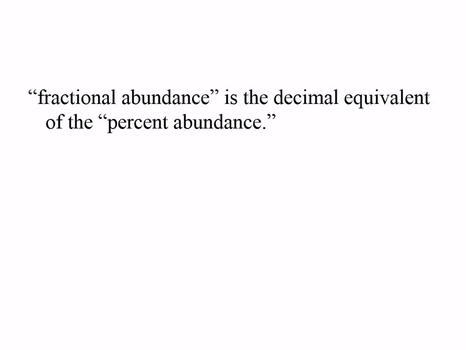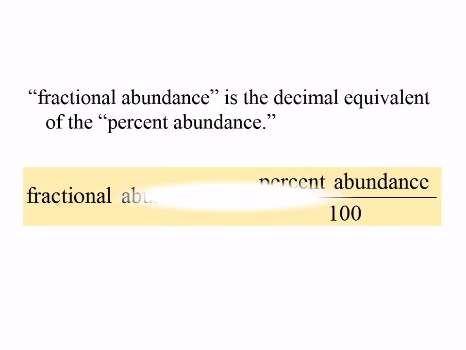Before I do an example, I want to say one more thing about fractional abundance. These sheets I passed around, they're abundances too, but it's not fractional, it's percent. Sure, you're like, well, what's the deal there? Well, to go from this percent, which is given on charts, to fractional, all you got to do is move a decimal. All you got to do is divide by 100.